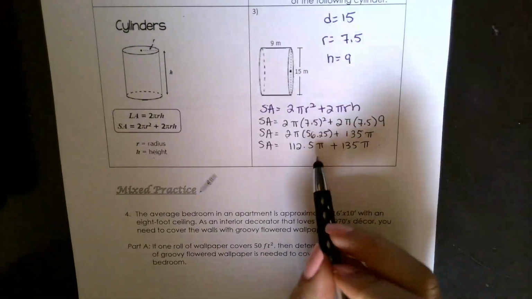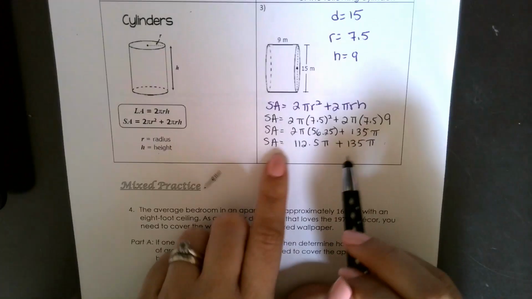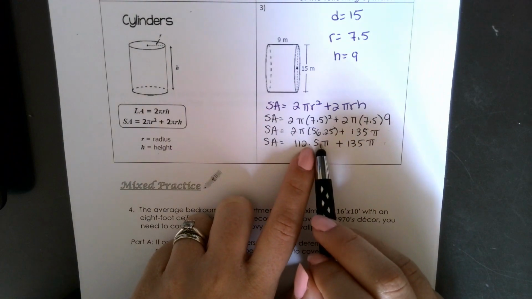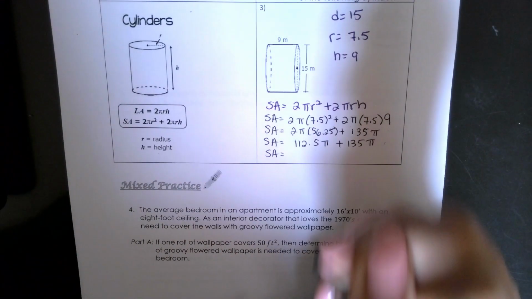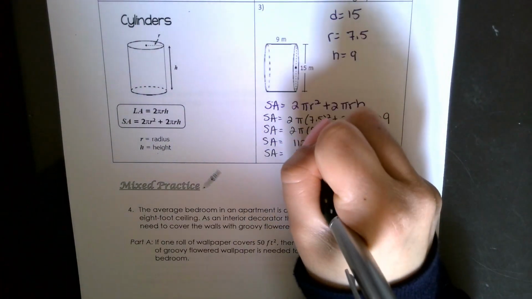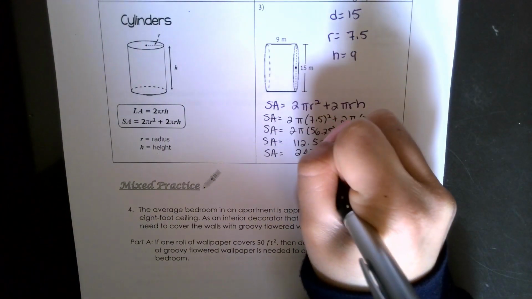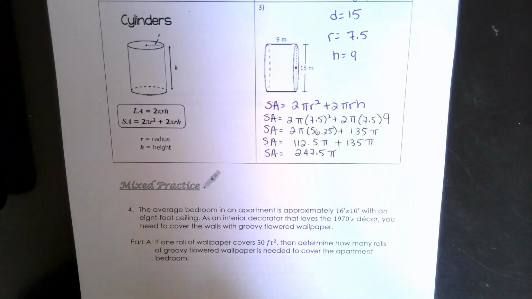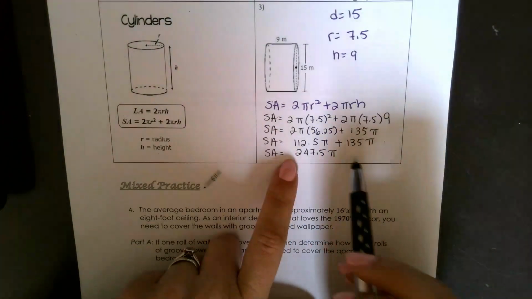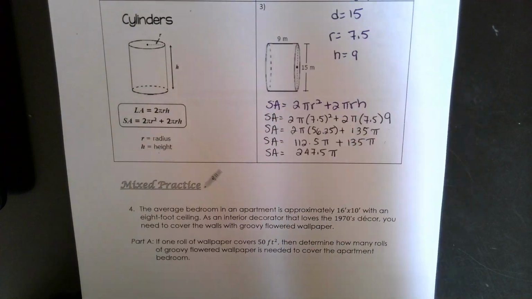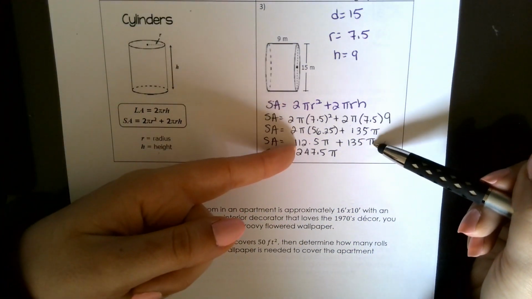Now, because they both have a pi, I'm just going to add the numbers and keep the pi with it. So you're going to get 247.5 pi. Now I could just multiply it and I'll get a more accurate answer. If you don't want to do it this way, you don't have to, but this is more accurate. Because they both have the pi's, I'm combining them.